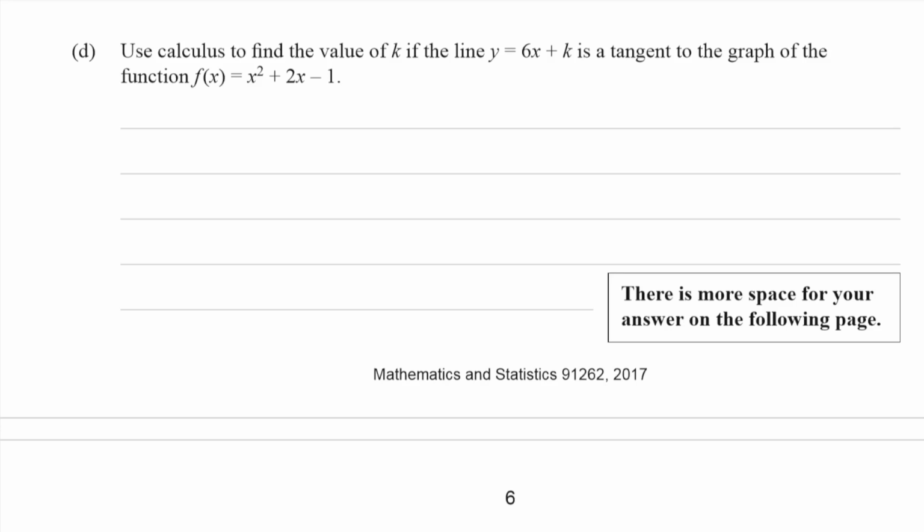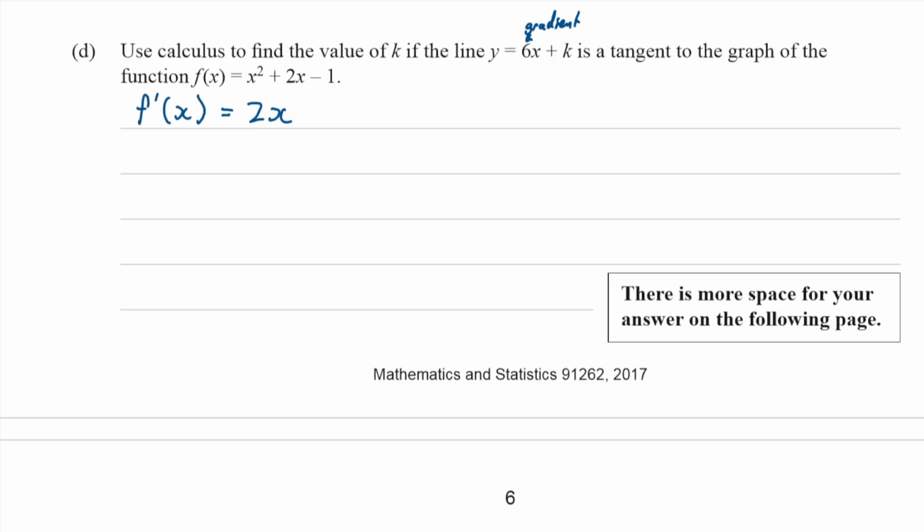Alright, so tangent, once more, we know the gradient must be 6. To use that information, we need the gradient function. So the derivative of f of x: the derivative of x squared is 2x. Take the 2, multiply it out the front, so 1 times 2 is 2.